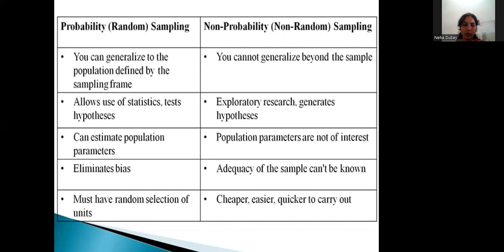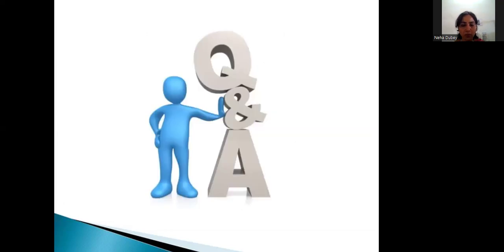In probability, you can estimate population parameters, whereas in non-probability, population parameters are not of interest. Probability eliminates biases, while in non-probability the adequacy of a sample can't be known. Probability must have random selection of units, while non-probability is cheaper, easier, and quicker to carry out. So this is all about probability and non-probability.